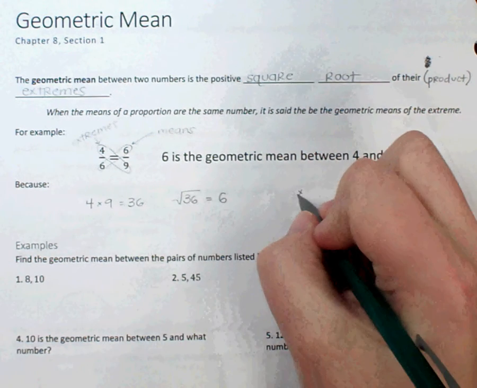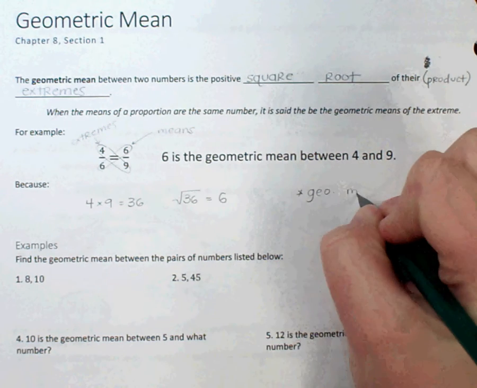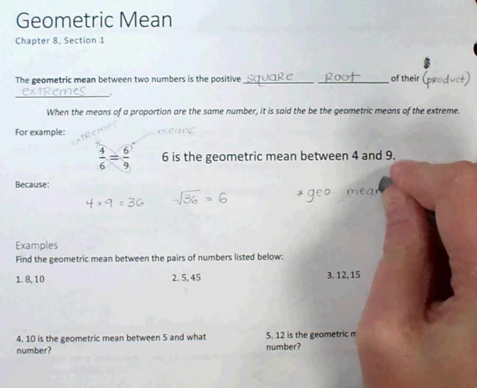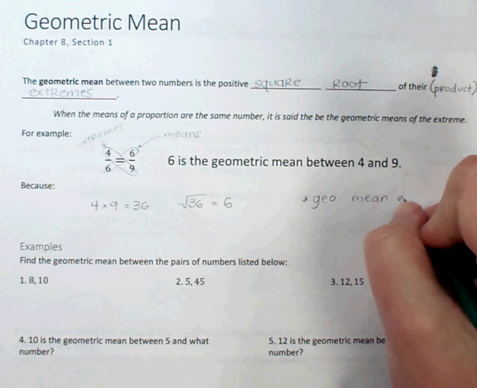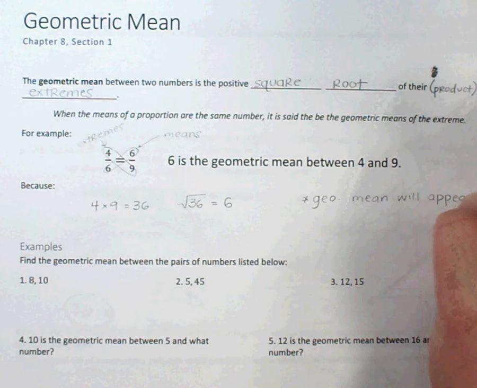Okay, something to keep in mind is the geometric mean between two numbers will appear twice in a proportion.